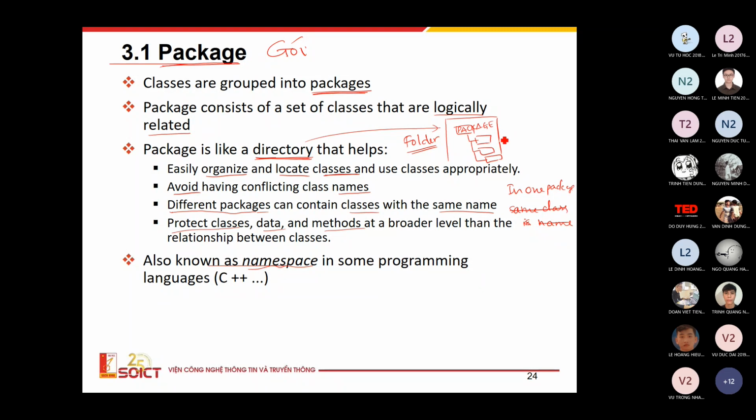Inside this folder you will have the class, the Java files, for example. Each Java file here corresponds to a class. You can remember that a package looks like a folder which can contain many classes inside.